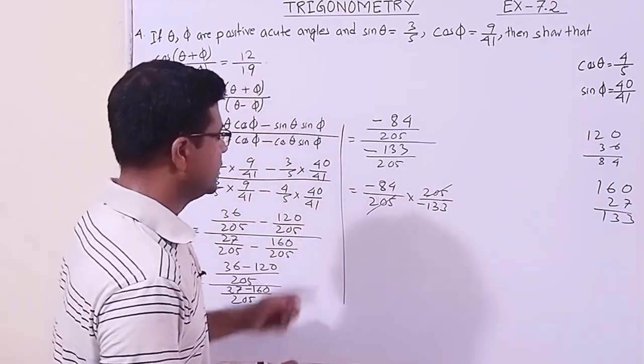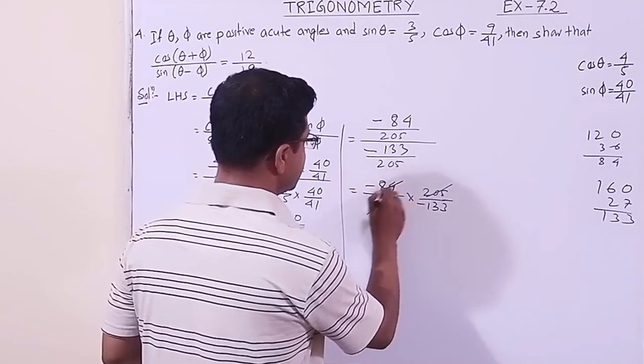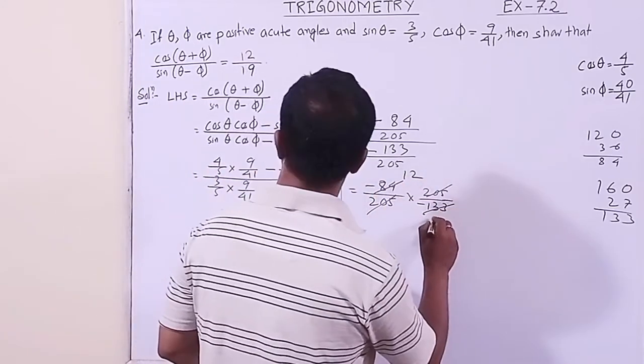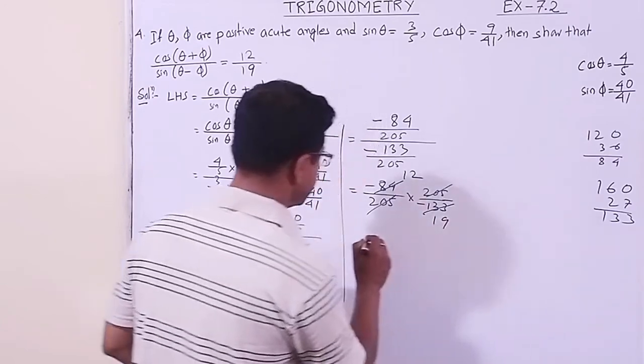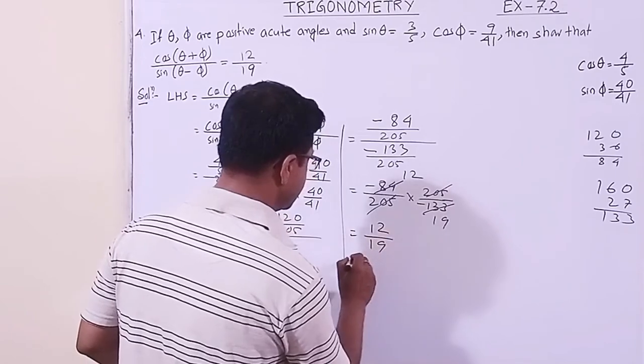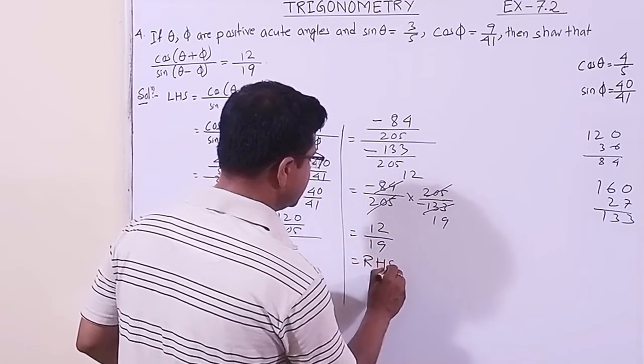We have to make 12, so definitely we cancel by 7. Seven 12s are 84, and seven 19s are 133. So this is 12 by 19. This is the right hand side.